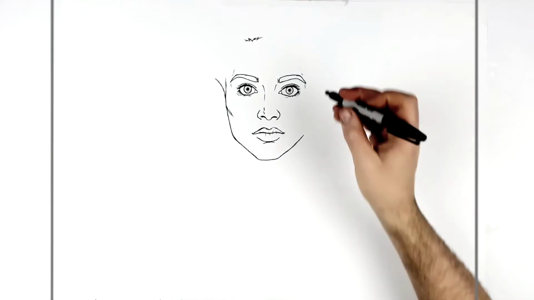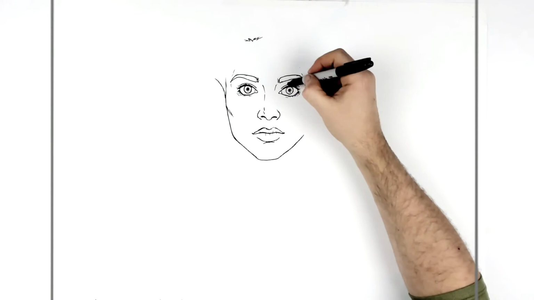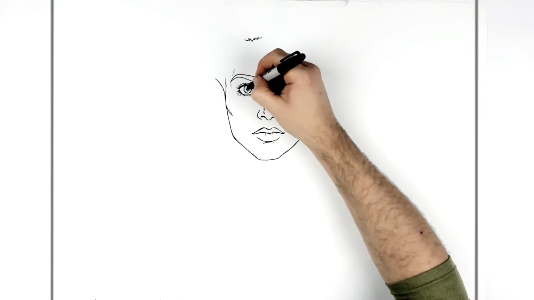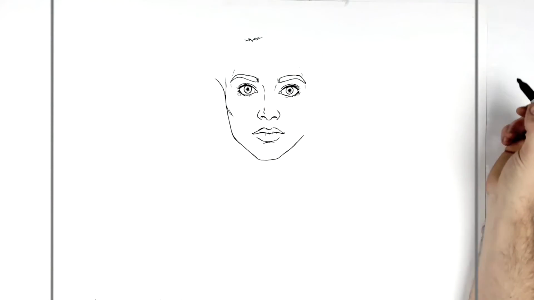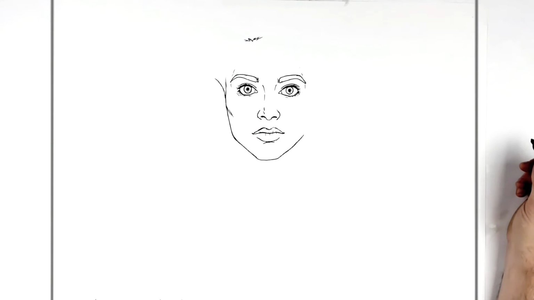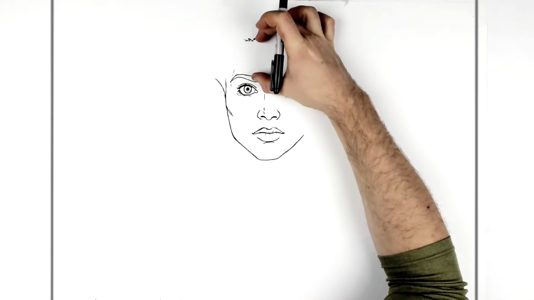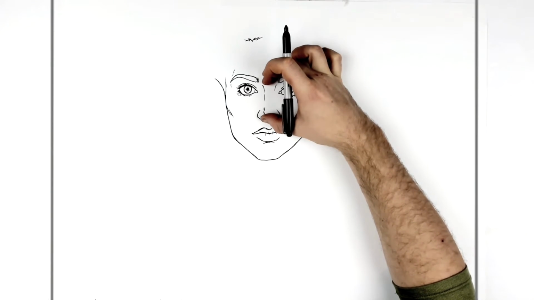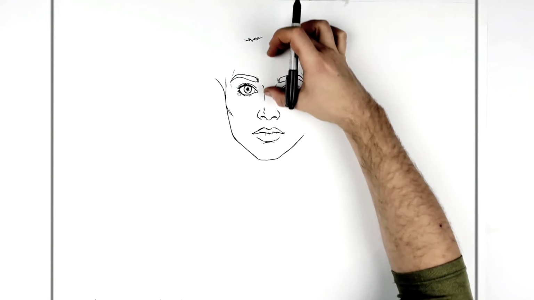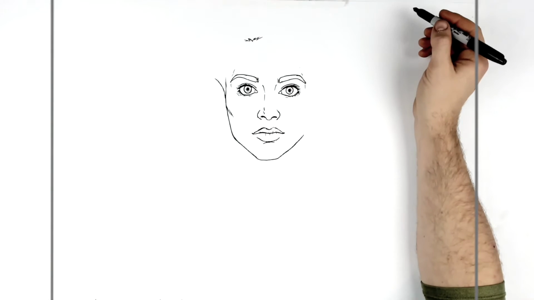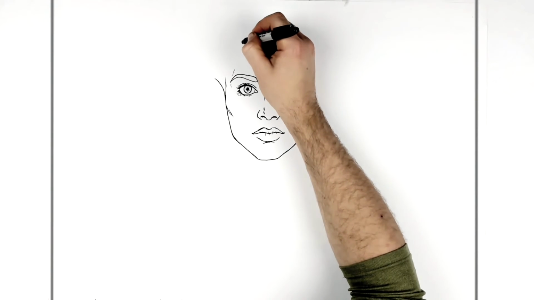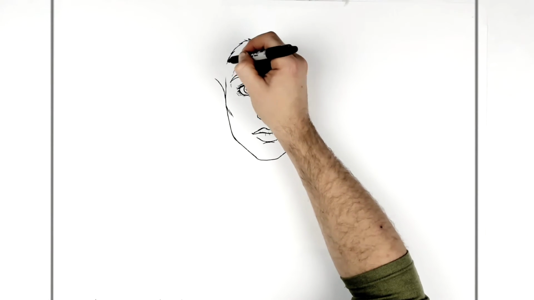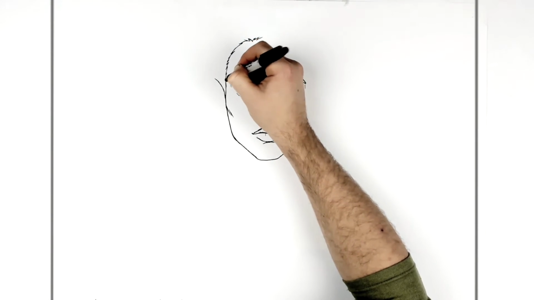Right, so I'd say your distance-wise, eyebrow to the top of her forehead is about the same as eyebrow to the bottom of the nose, right? So here to here is about the same as here to here. So then we just continue with our hairline just down the side of her head here. Sort of a spiking kind of thing going on that way.